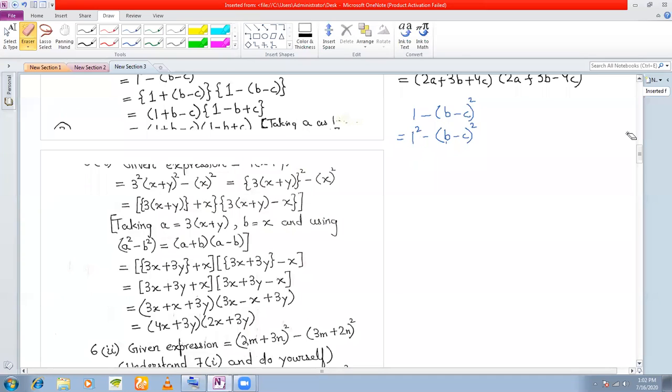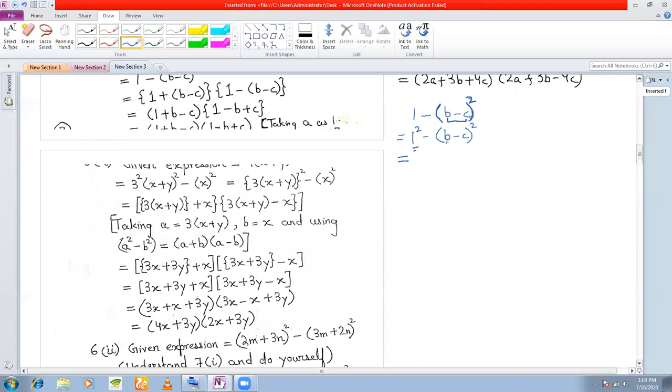Okay, so now we have 1 written as 1 square, which I've already written. And b minus c is already a perfect square, isn't it? Because b minus c has been raised to the power of 2, so this is already a perfect square.